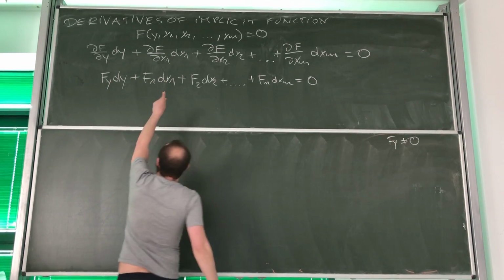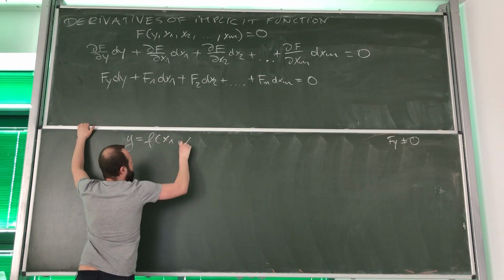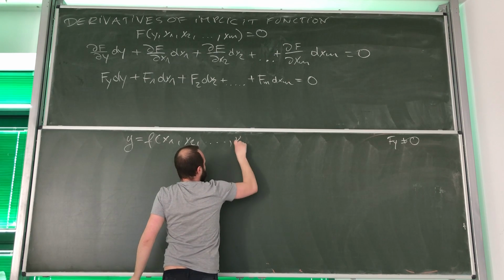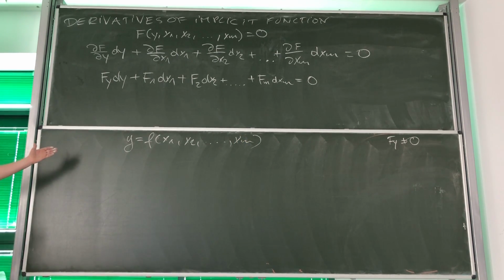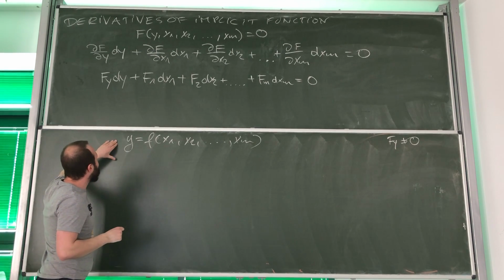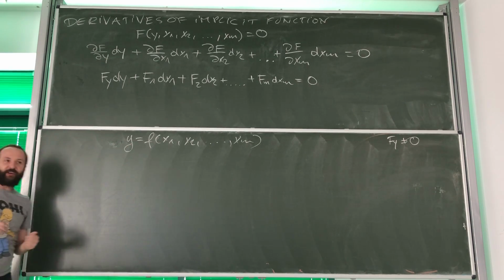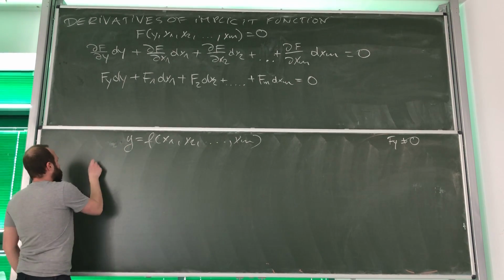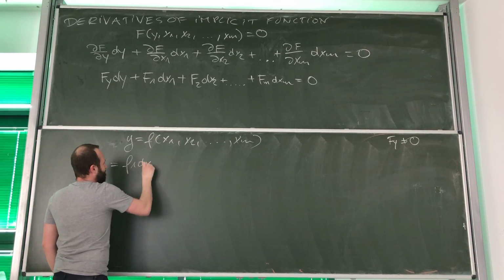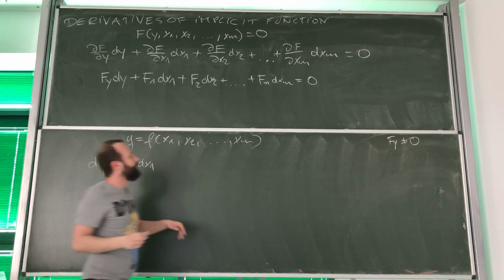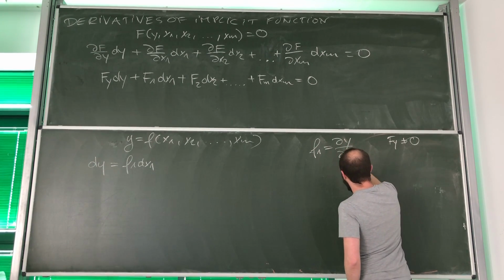Now, we know that this function implies this function. What we can do is calculate the differential. So we've got dy equals f1 dx1, and of course, f1 is equal to the partial derivative of y with respect to x1.